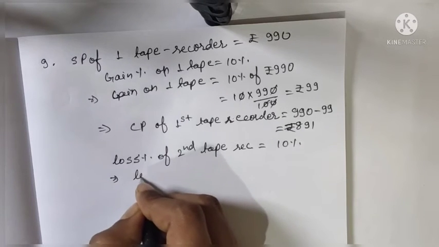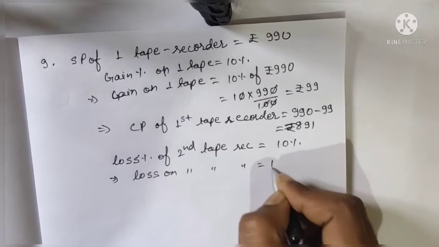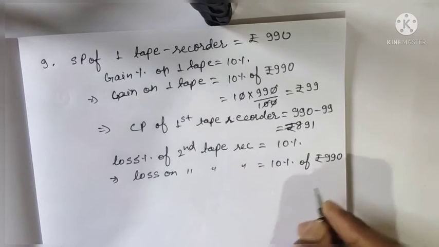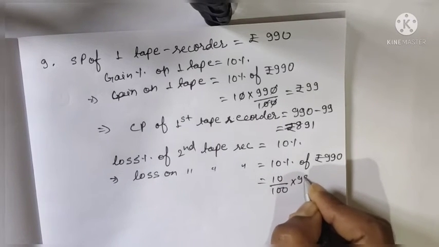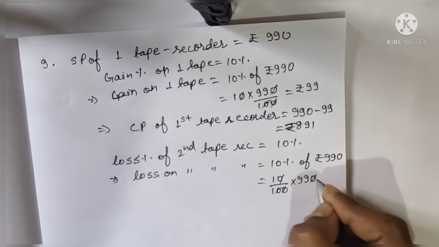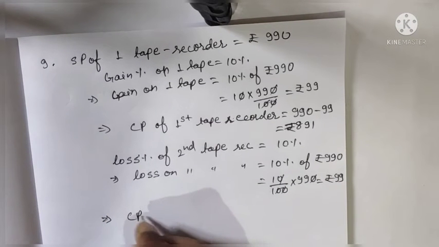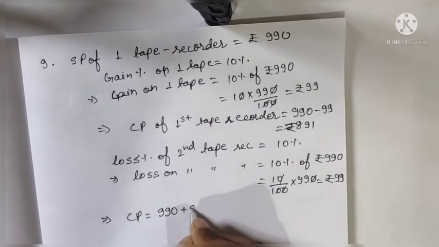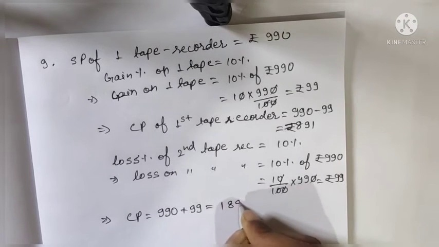That implies loss on the second tape recorder is equal to 10% of rupees 990, which is 10 by 100 into 990 is equal to rupees 99. That implies CP will be equal to SP plus loss, that is 990 plus 99 becomes 1089.